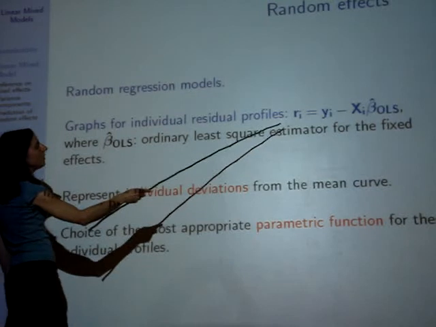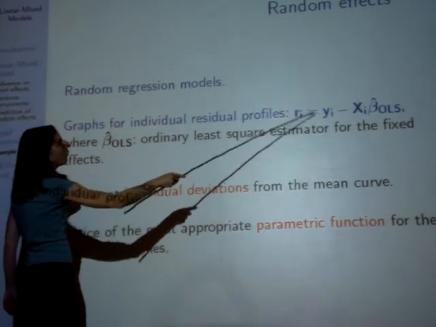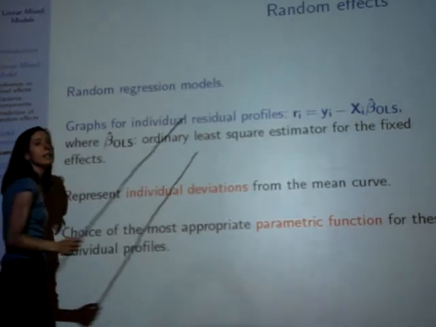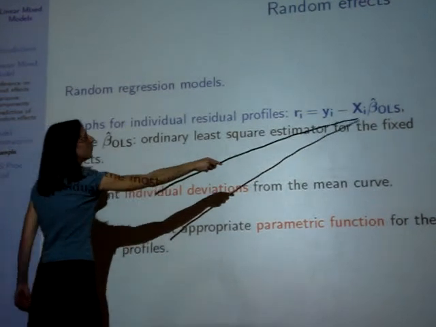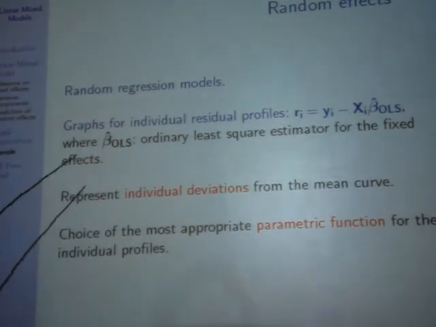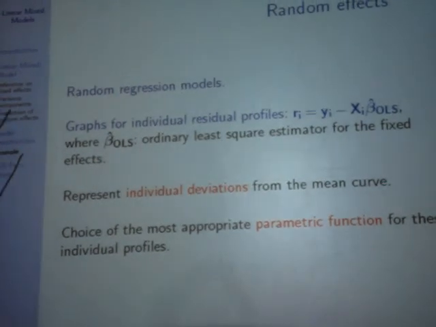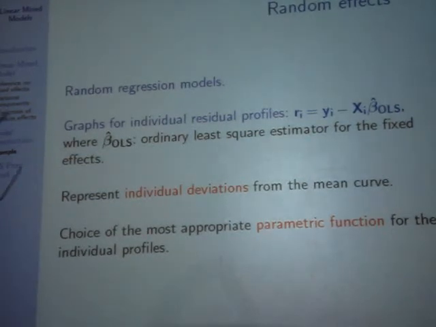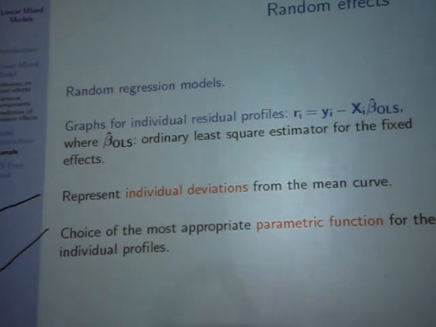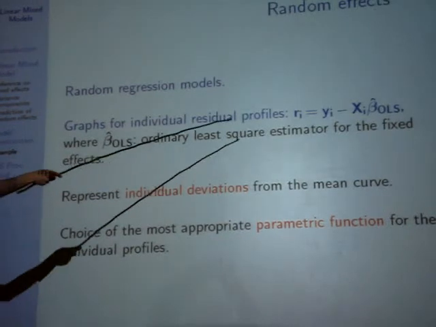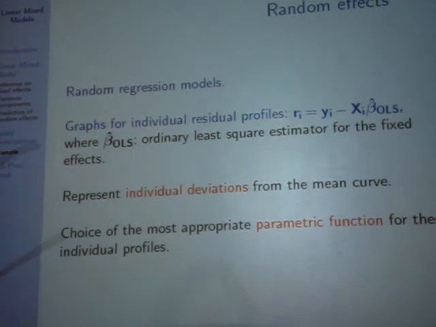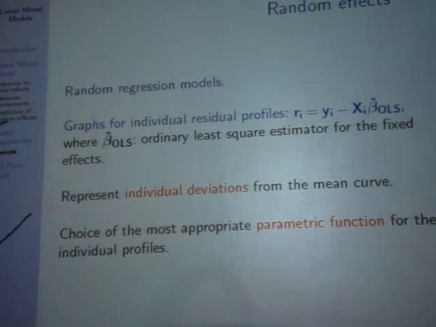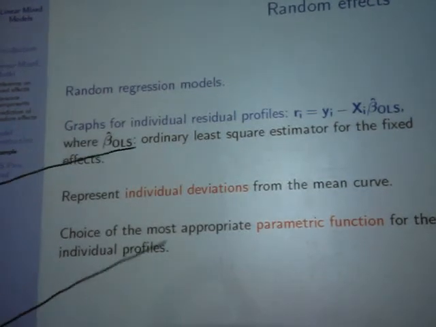These residual profiles are calculated as the observations minus the fixed effects, so X_i beta hat, where beta hat here is estimated with an ordinary least squares estimator, assuming that the data are not correlated. And then you choose from this graph the most appropriate parametric function. You see that these residuals correspond to the individual deviations from the mean curve. So it's what remains once you have removed the fixed part.